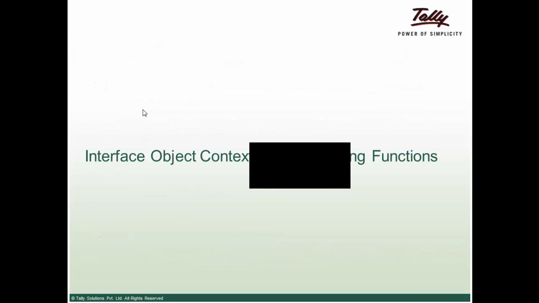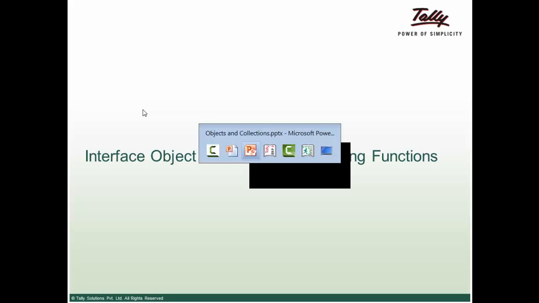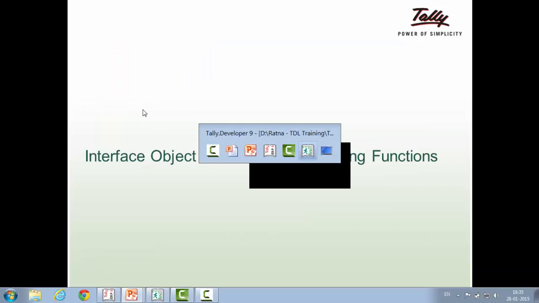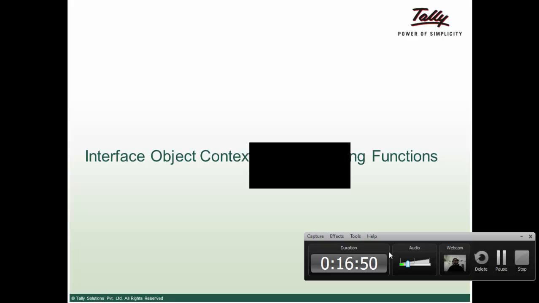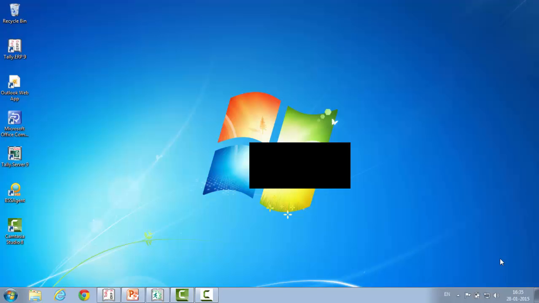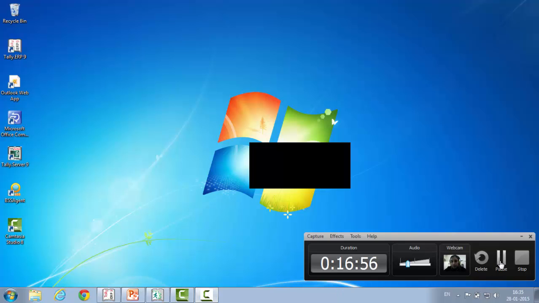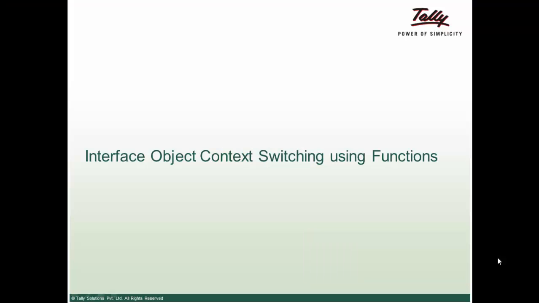Now we have the object context switching functions for interfaces. Interface object context switching using functions. So whatever functions we have currently discussed will directly correlate my value evaluation to the data context available within the interface.